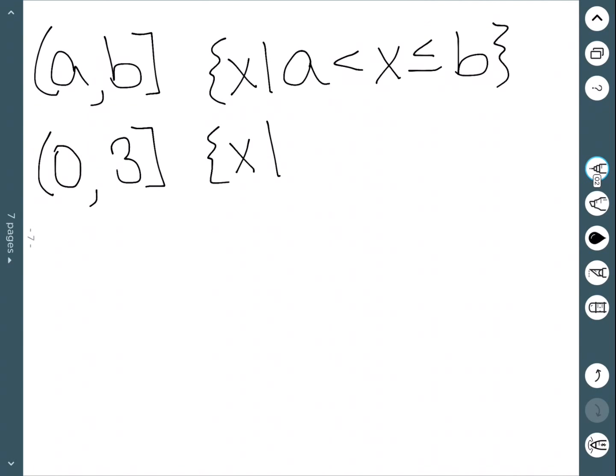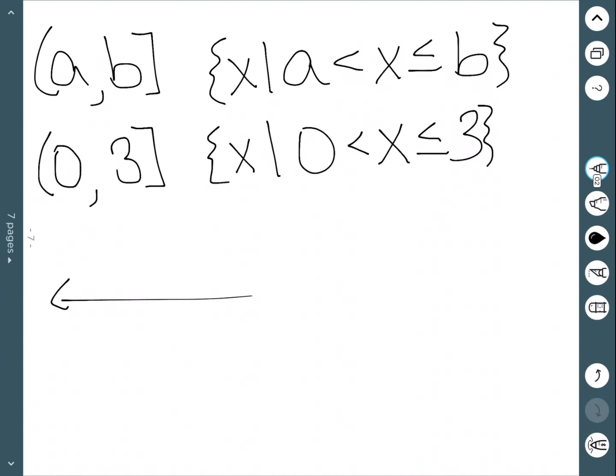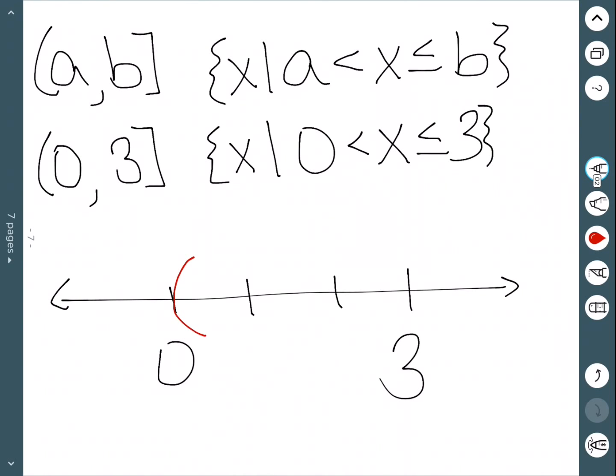This would be the set of all numbers that are bigger than 0 and less than or equal to 3. So we're actually including 3 this time. On our number line, we would put a parenthesis at 0, a square bracket at 3. You could have also used an open and closed dot. And then we shade in the middle. And there's the graph.